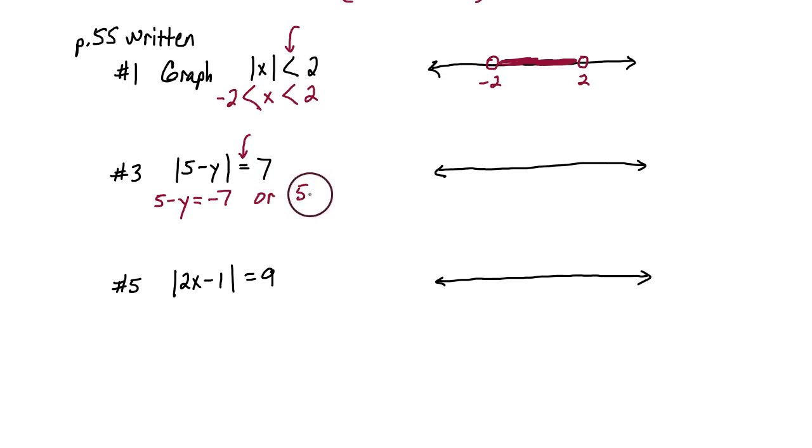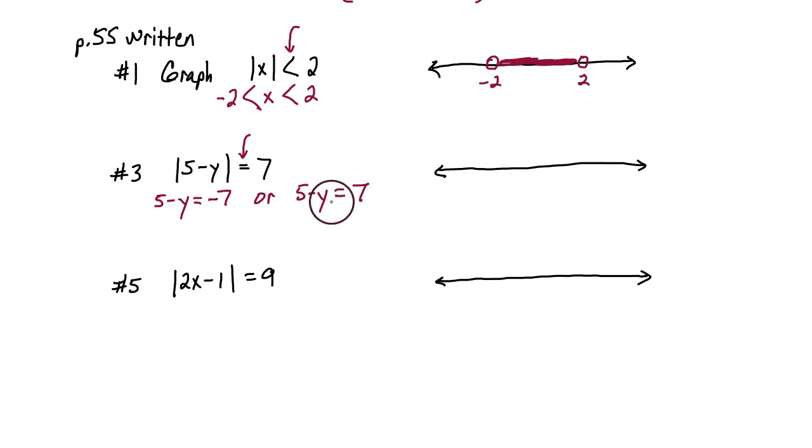Write the expression in the bars and set it equal to this number on the right. When you look at both of these pieces, the 5 minus y was from inside the bars, and this number here is the negative and positive version of the original number on the right.